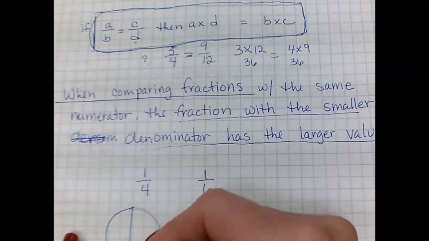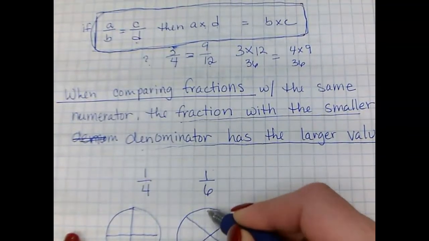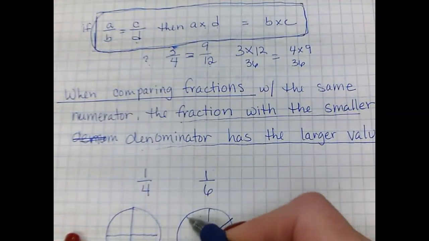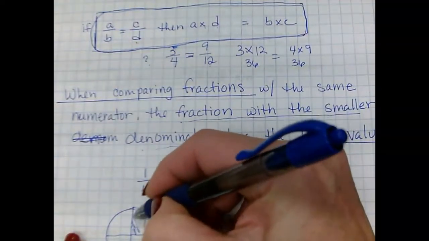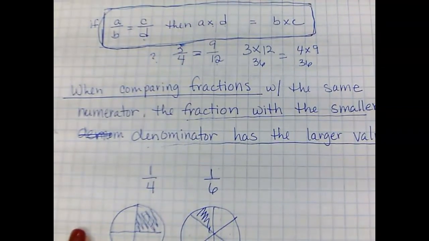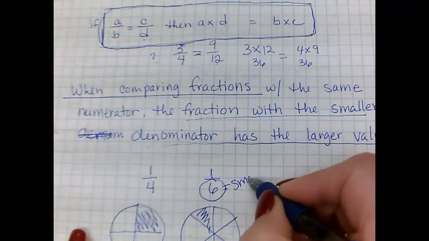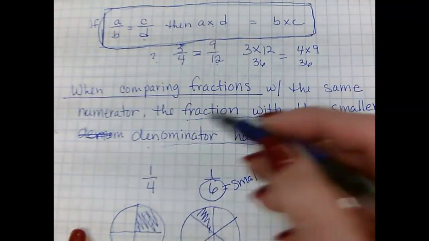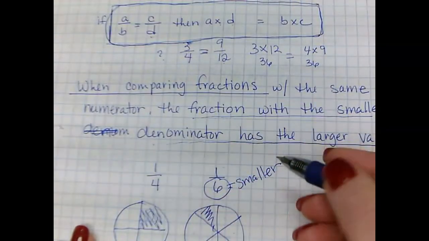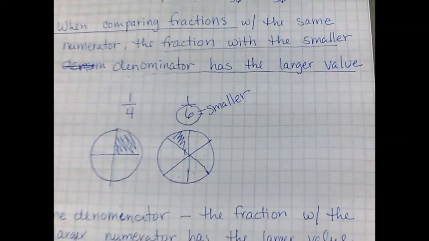If I made this into a piece of pie, this is 1/4, and this is 1/6, 1, 2, 3, 4, 5, 6. Obviously, this one piece is going to be bigger than this piece. So remember, the one with the larger denominator is smaller. Okay? So 4 is smaller than 6, so this makes it larger. It's a little confusing when you think about it that way, but try and remember that.